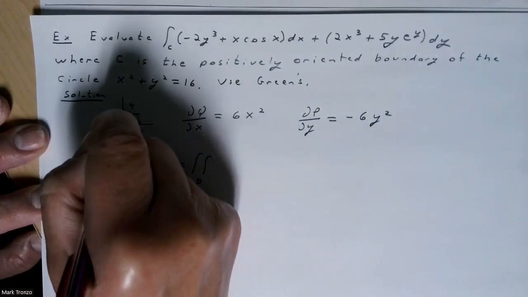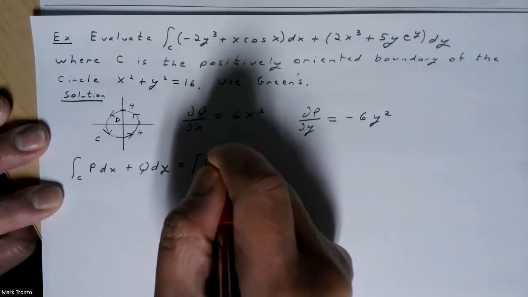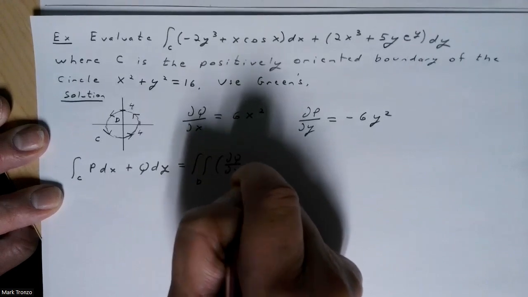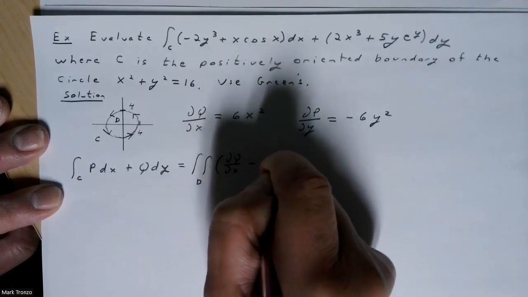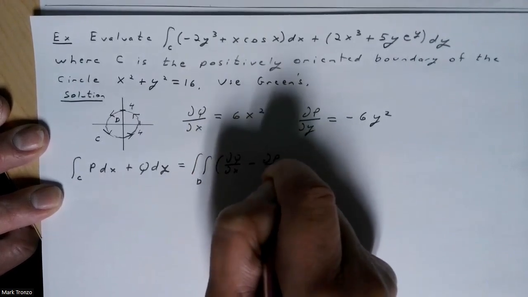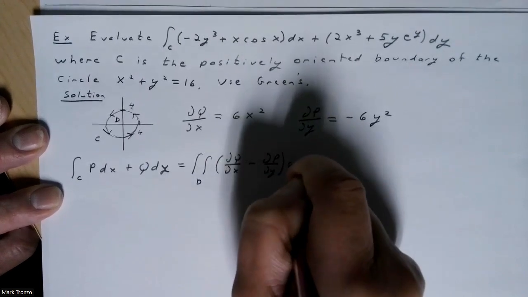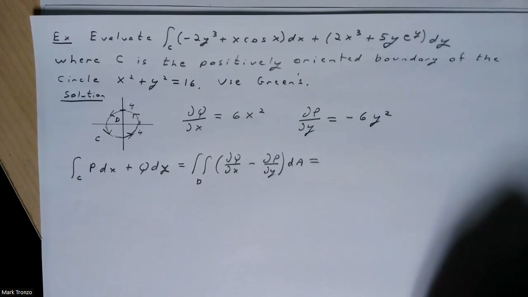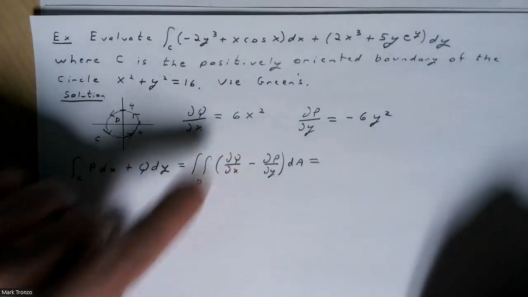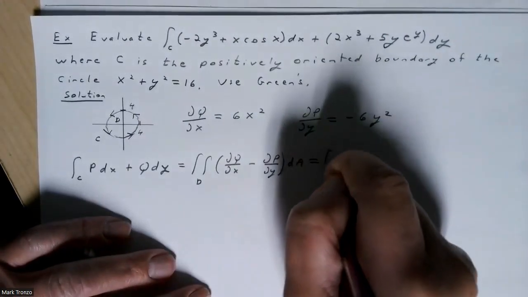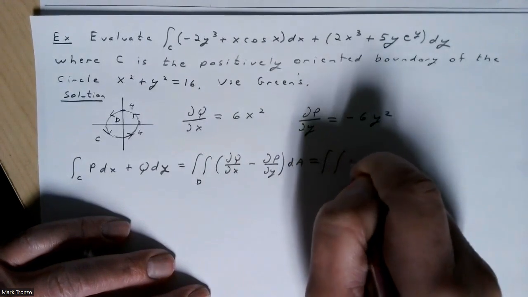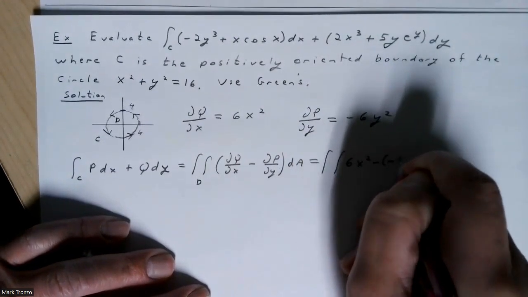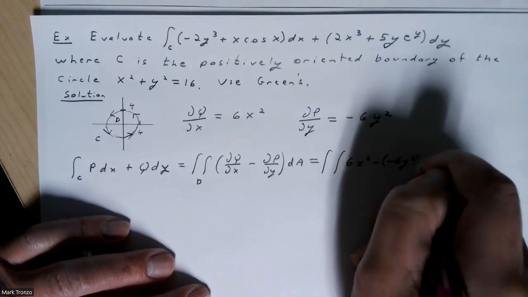In this case, the domain is inside here of dq dx minus dp dy dA. And then over here, this is going to be 6x squared minus 6y squared.